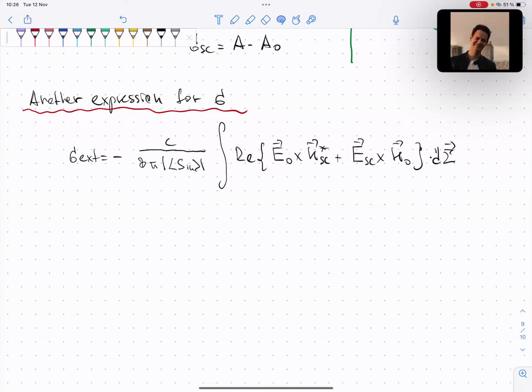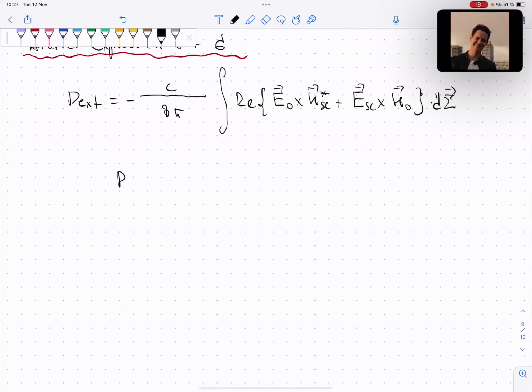We will now show that we can write the extinction cross section, or maybe let me first show you for the power, the extinction power.